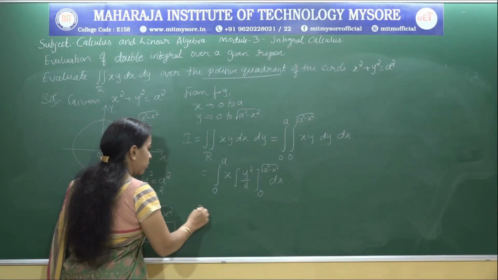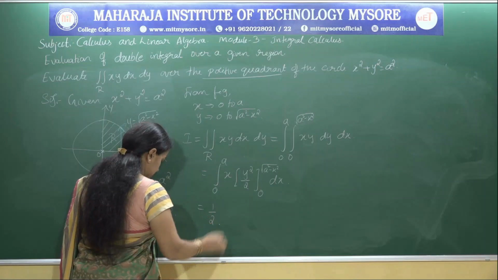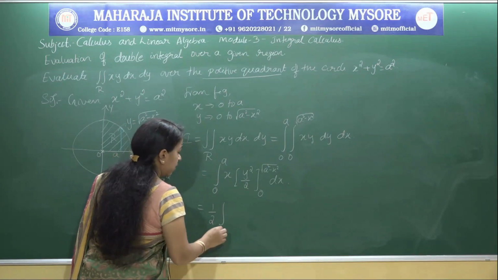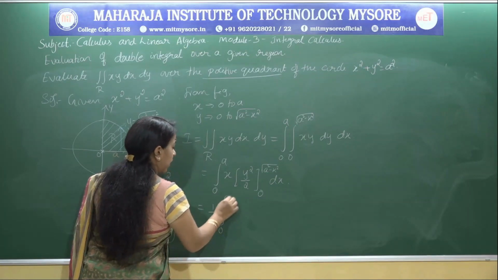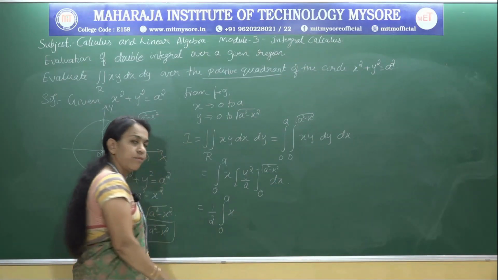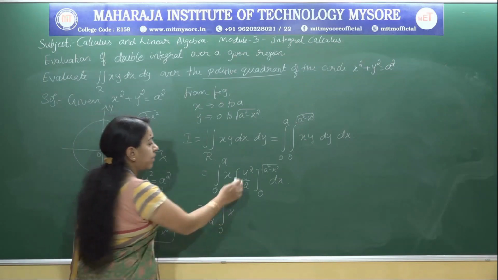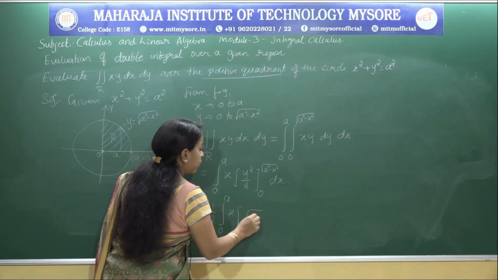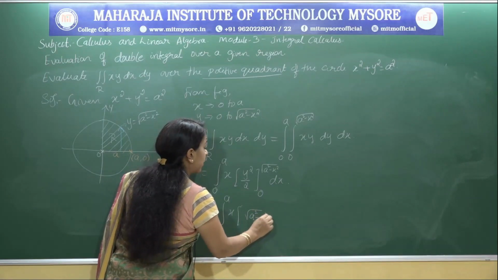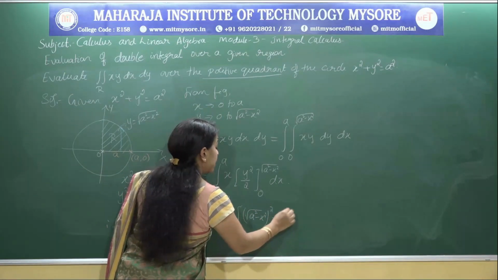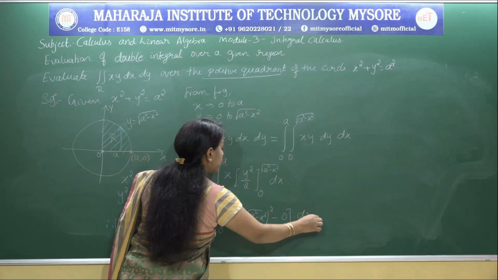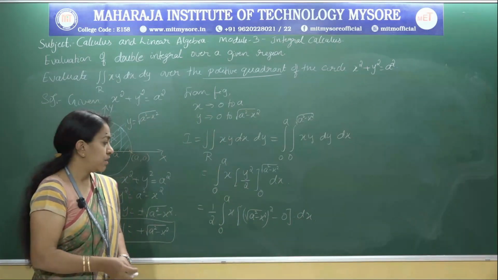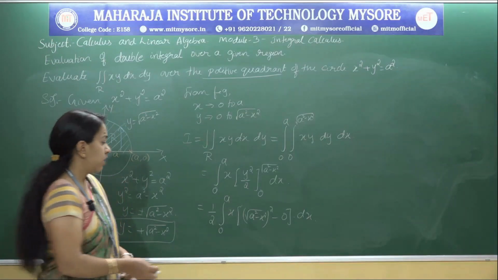It is equal to 1 by 2 taken common, into integral 0 to a of x into the upper limit, square root of a square minus x square whole squared, minus 0, dx. The square of root of a square minus x square is nothing but a square minus x square.